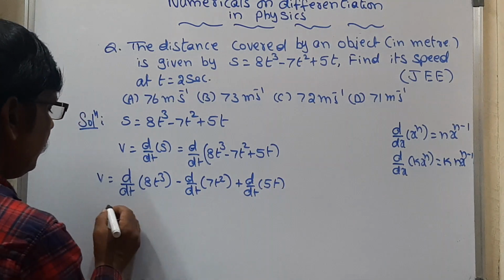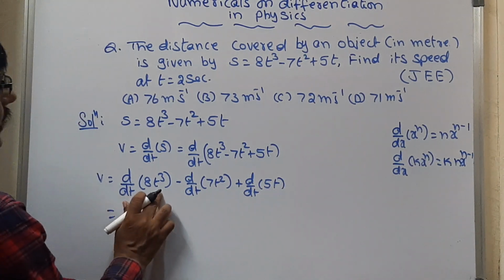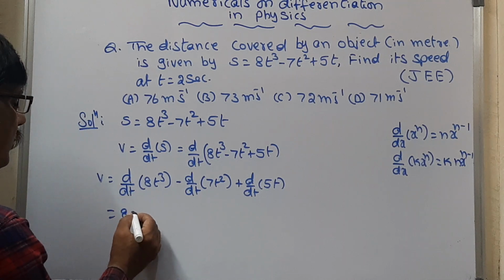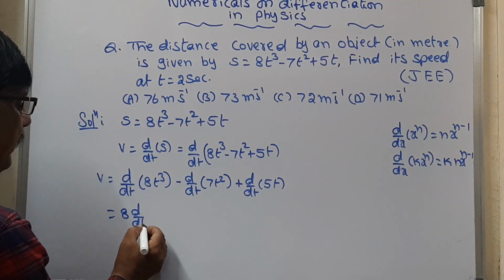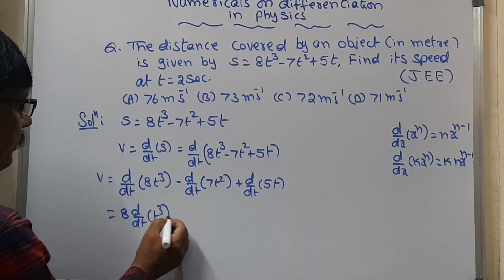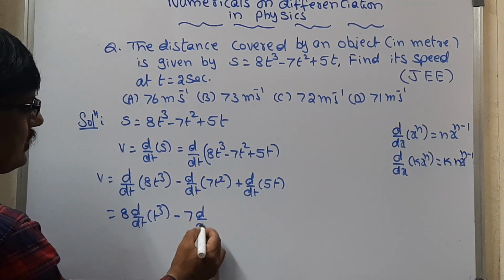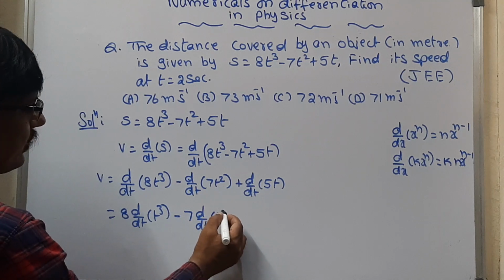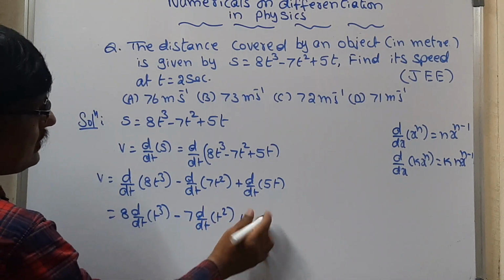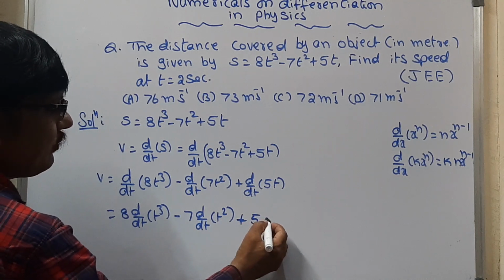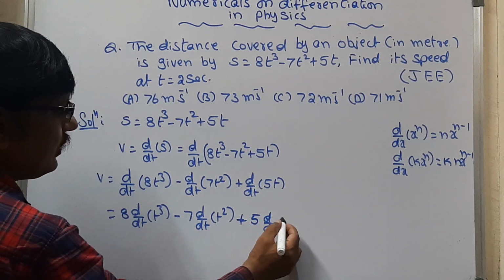Now this is equal to k n x power n, so the constant we will take in front. So 8 d by dt of t cube, minus 7 we will take as a constant in front, 7 d by dt of t square, plus the constant 5 comes here, and 5 d by dt of t.